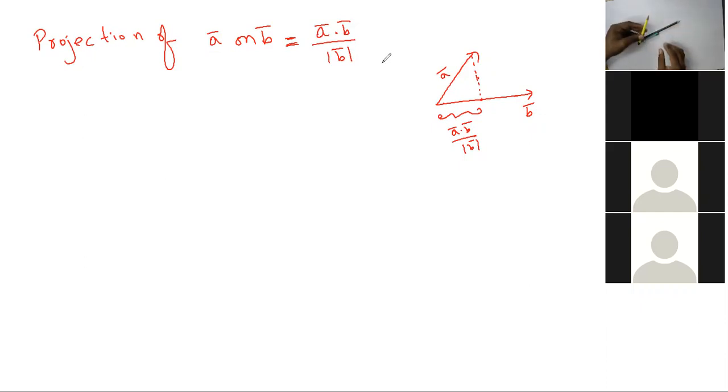Right? So when it is given like this, you will move this vector. When it is given like this, you will move that vector to this place. And after moving like this, these two vectors will be coplanar. And when they are lying on the same plane, then you take the projection this way.